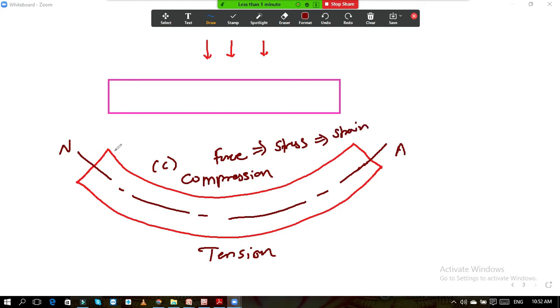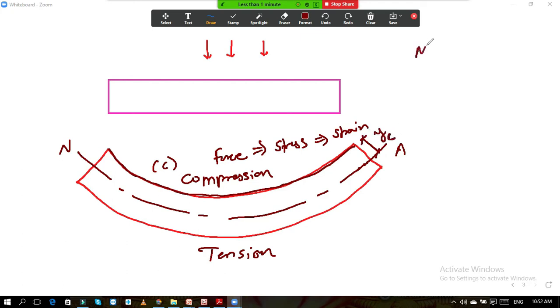Now at this outermost fiber, we are getting the maximum compressive strength. Why is it the maximum? Because we are getting the maximum value of Yc here, the distance of the outermost fiber.